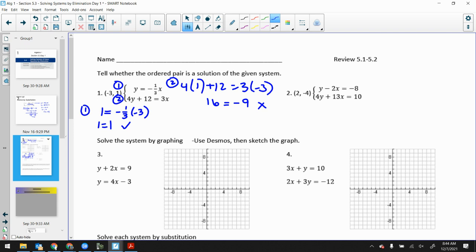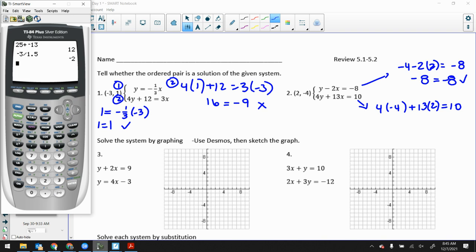Mm-hmm. So we would say no, this is not a solution because the second equation does not check out. Yeah. 2, same thing. Plug in, let's go top equation here. Negative 4 minus 2 times 2 is negative 8. Let's check that. Negative 4 minus 4 is negative 8. So that does check out. Down here, this is 4 times negative 4 plus 13 times 2. Let's see if that's 10.